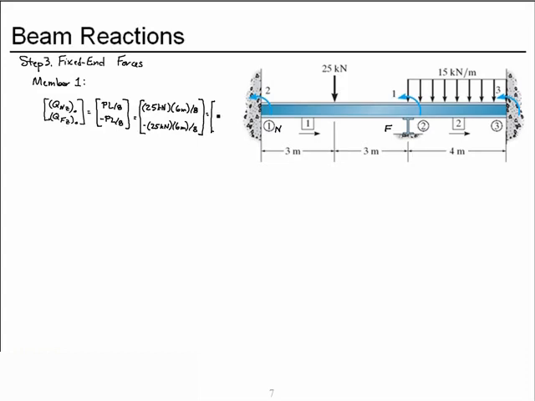And so for member 1, our fixed end forces are a positive 18.75 kilonewton meters and a negative 18.75 kilonewton meters. And this is degree of freedom 2 at the near node and 1 at the far node.